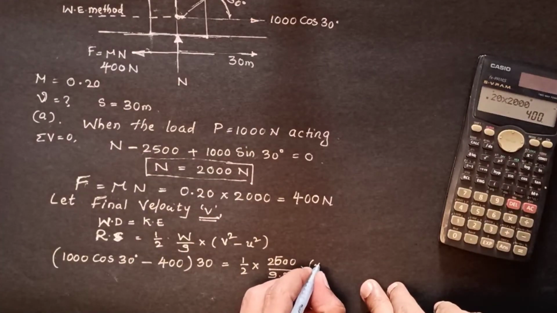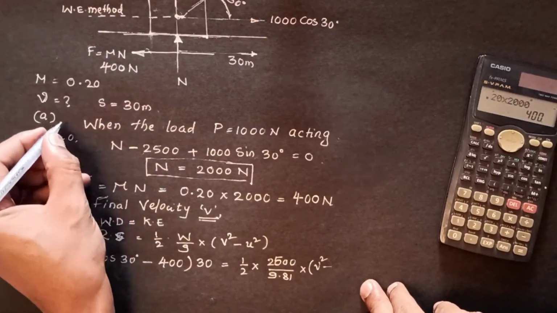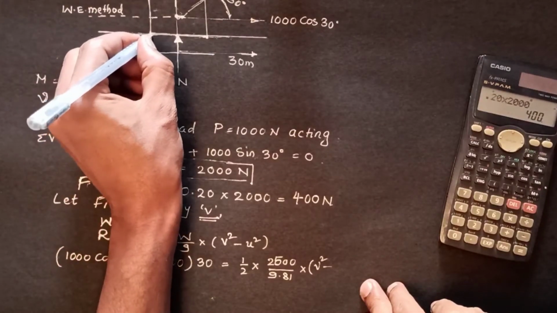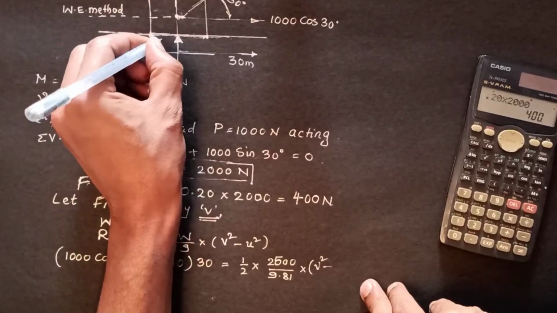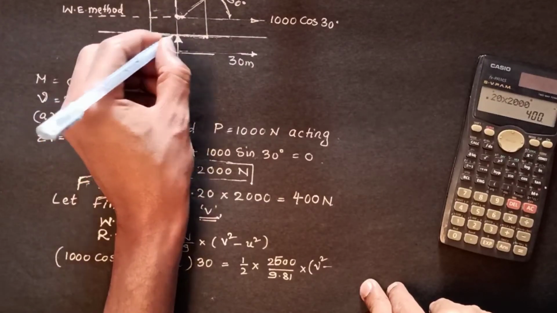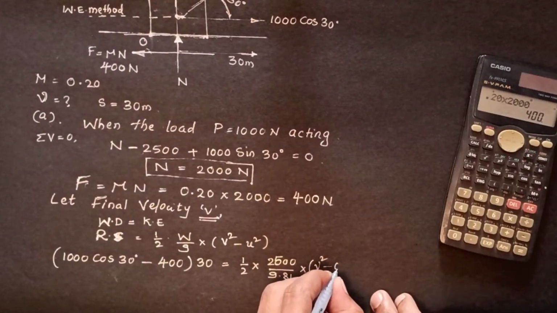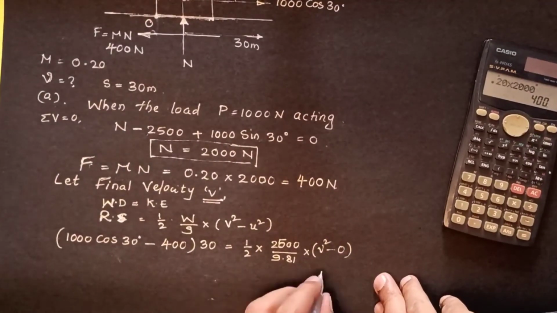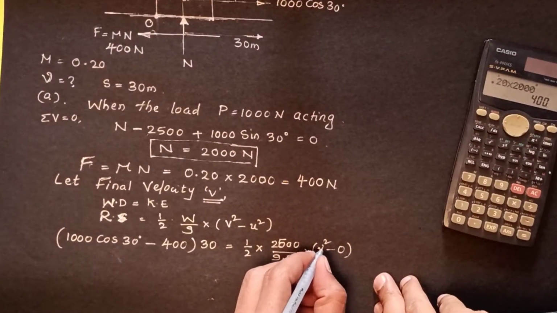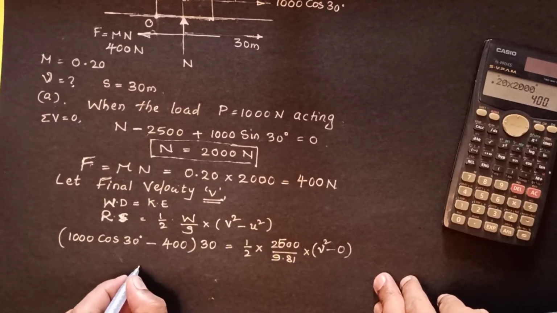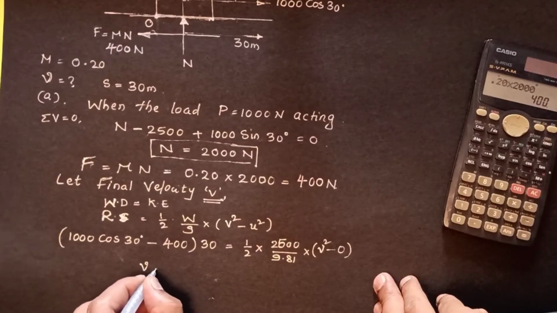Then minus u square, where u is the initial velocity. In the question it is mentioned that the object is at rest, so the initial velocity is 0. Now in this equation v is the unknown.